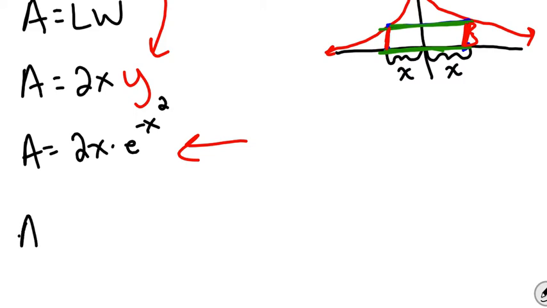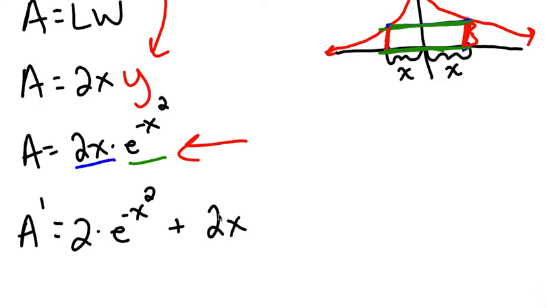Take the derivative, A prime. So again, product rule, we have the first and second function here. So product rule says the derivative of the first, which is 2, times the second, e to the negative x squared, plus the first, which is 2x, times the derivative of the second, which again we recopy, and then take the derivative of your exponent, which is negative 2x.